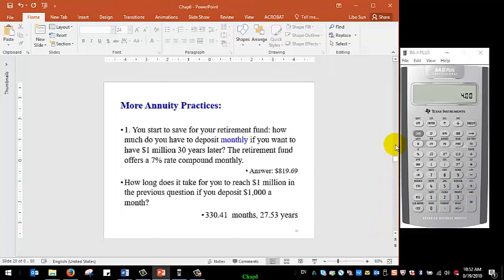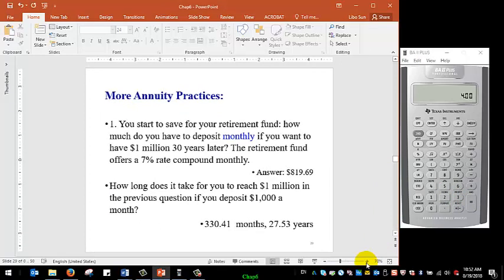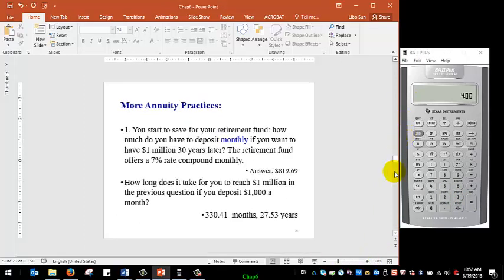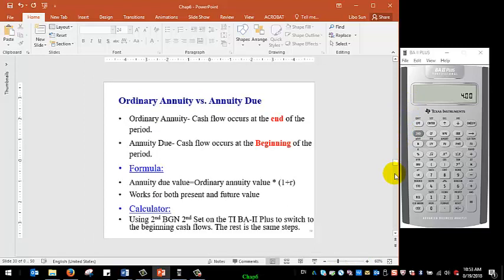So I'm going to ask you now, pause a moment, to do more annuity practice. I'm going to talk about annuity due. So in real life, when you sign up for a mortgage payment or sign up for a lease contract, the first payment is normally due today, the time you sign up the contract.